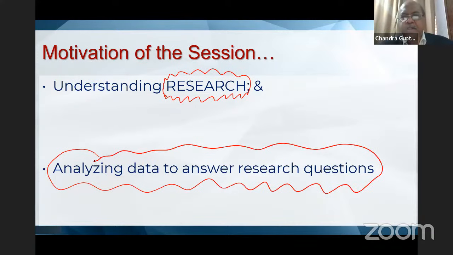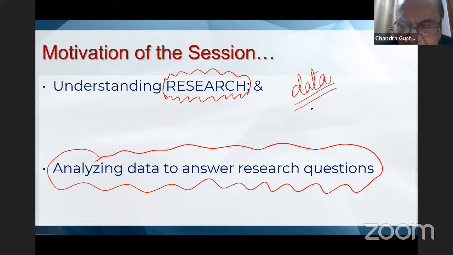Because whenever you do research, every research has certain research issues or research questions, and we have to answer them. And we need data to answer those research questions. So how to analyze data to answer those questions, that will be our focus.